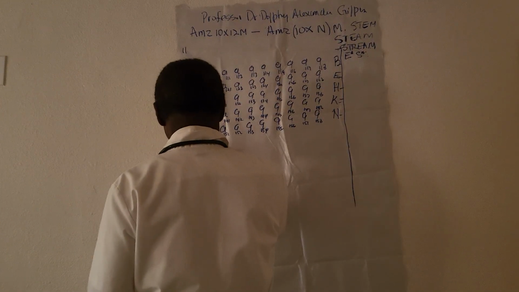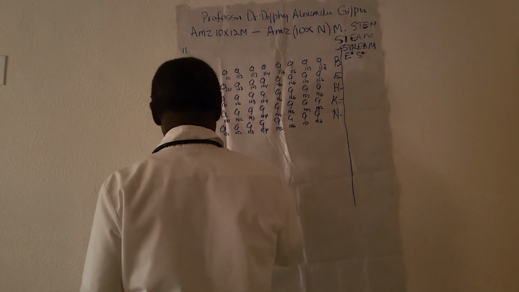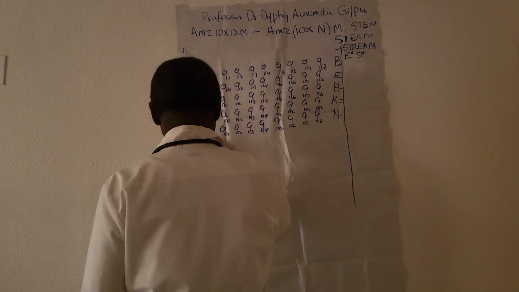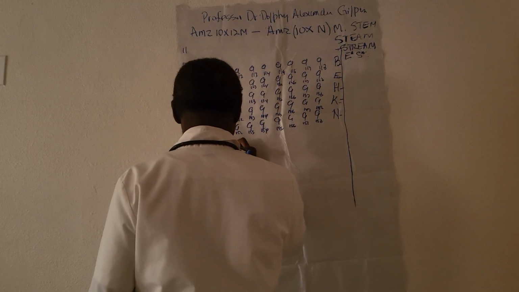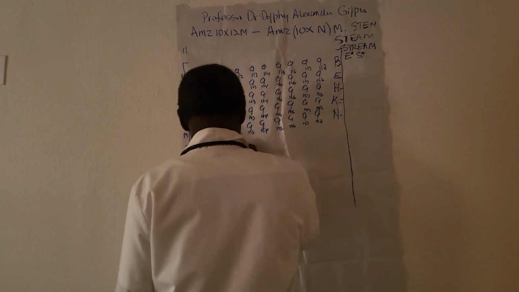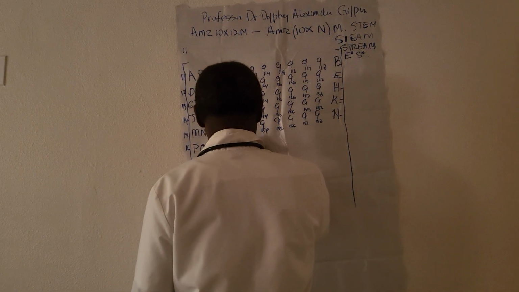So we have 16 here now. P, Q, and R: A 16-1, A 16-2.